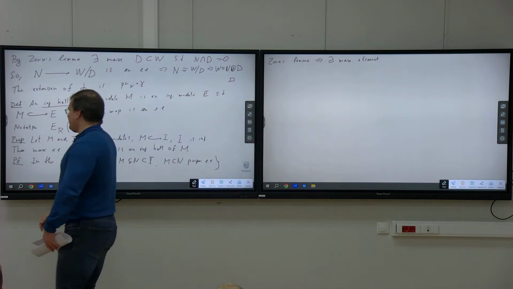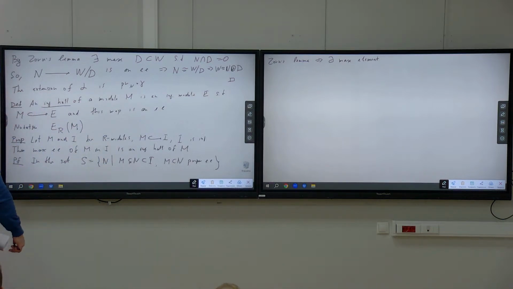I actually haven't thought about why this is a non-empty set. I think you don't need that M not equal to N. It will be equal, and then it is in S. So that is clearly non-empty, but why do we need this?